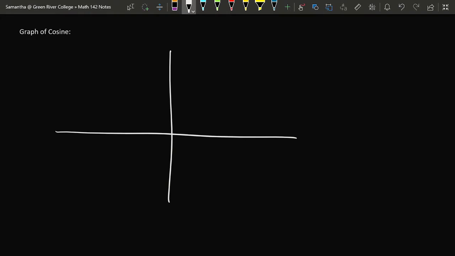Similarly, we can construct the graph of cosine, which would also be a visual representation of all the inputs and outputs of this function. When we graph cosine, we have to be a little bit careful. Once again, when you graph a function, the horizontal axis is being used to display inputs for your function.